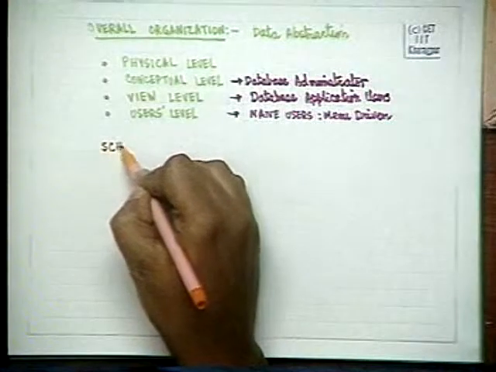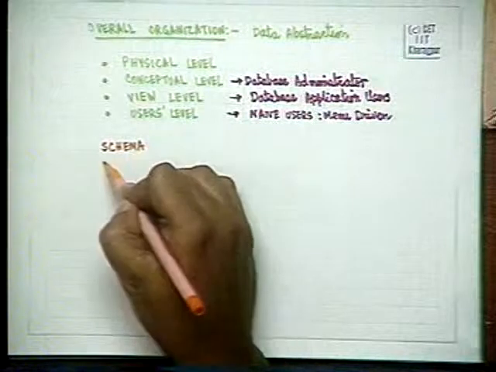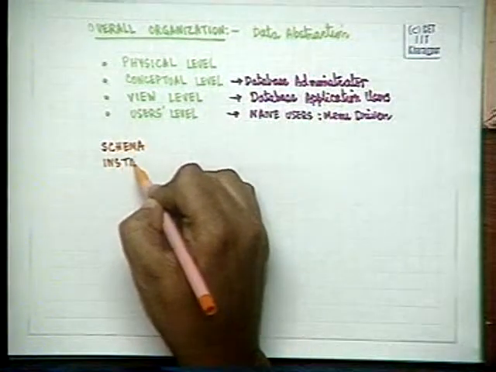For example, all branch managers may have a particular type of structure, but different branch managers will have different instances of that same data. So you have got 2 types of things, a schema definition and an instance of a schema. This has to be remembered all the while. So we have got the concept of a schema and a concept of an instance.